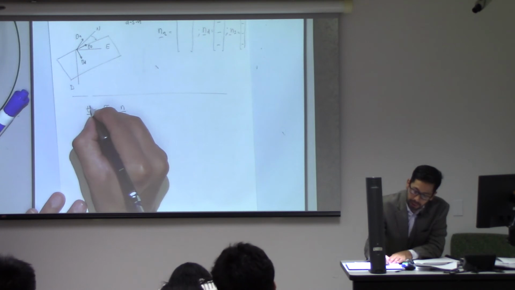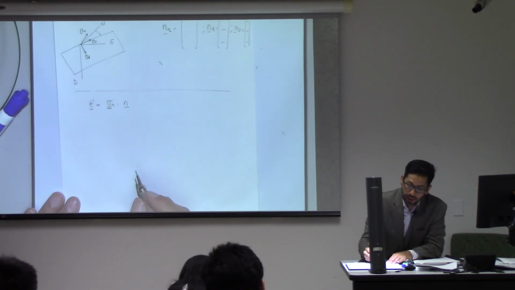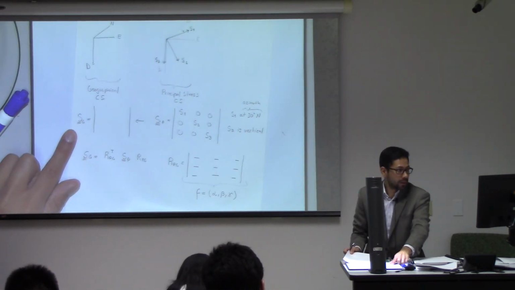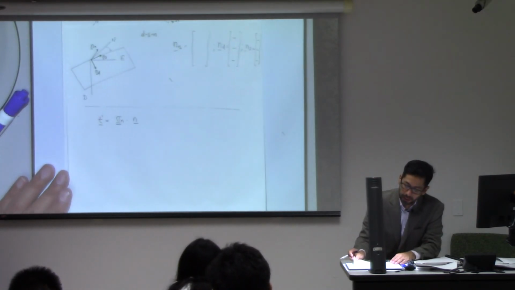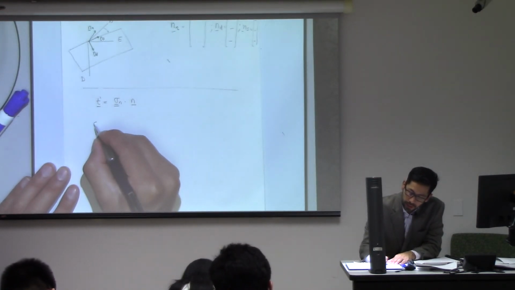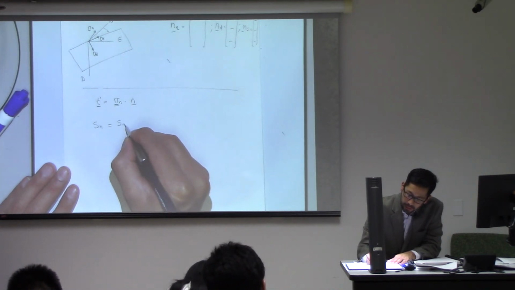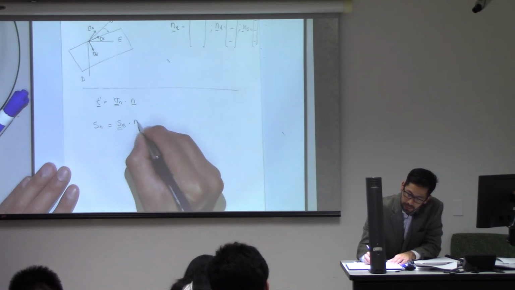Let me add here a prime, just to mean that that's effective stress. With SG and with NN, I can compute SN, which is going to be equal to SG times NN.